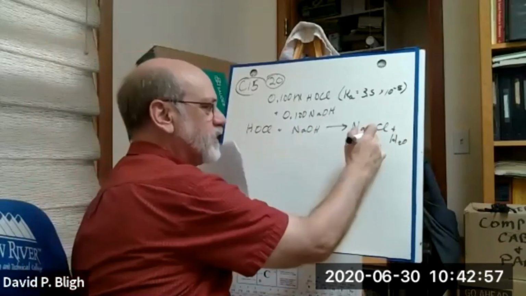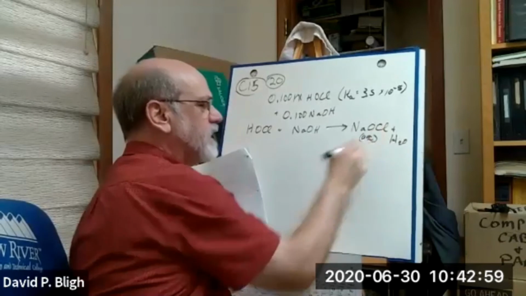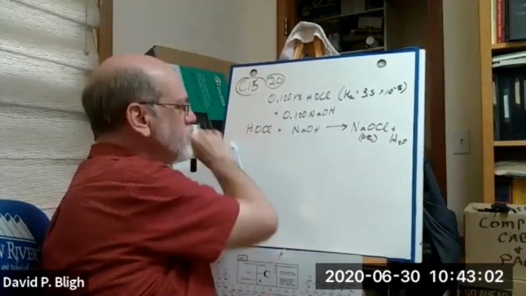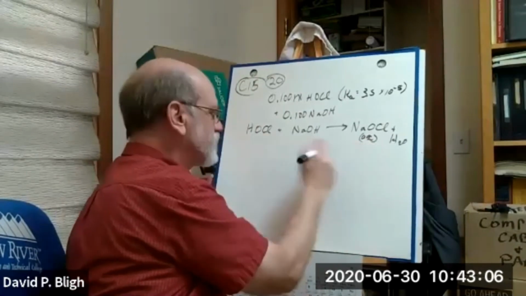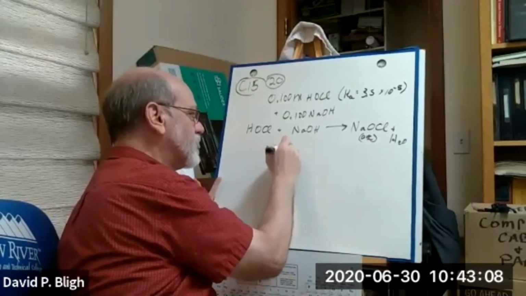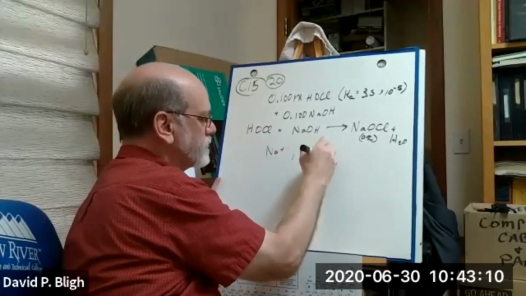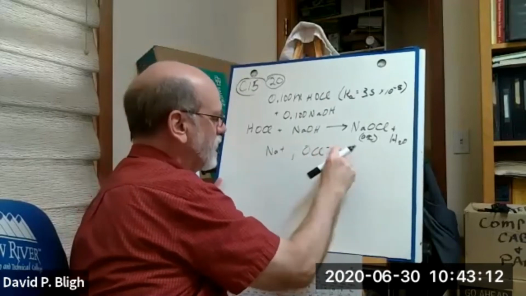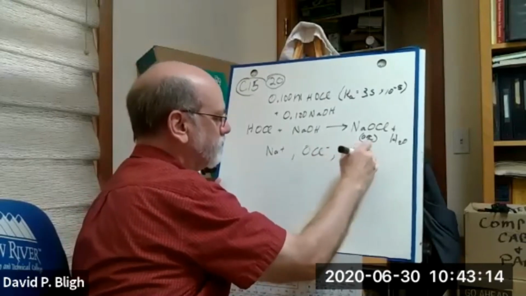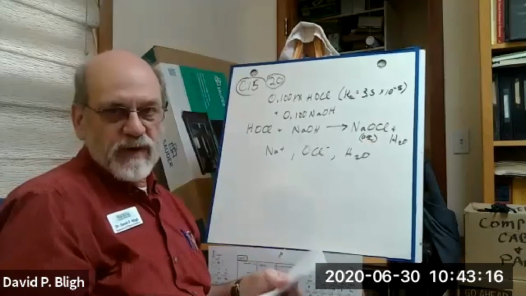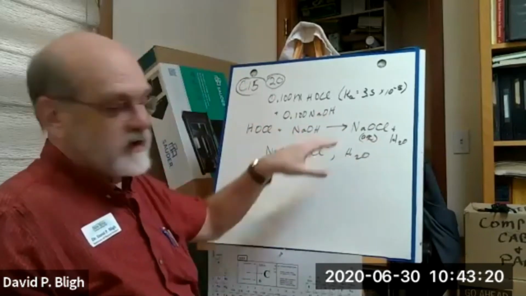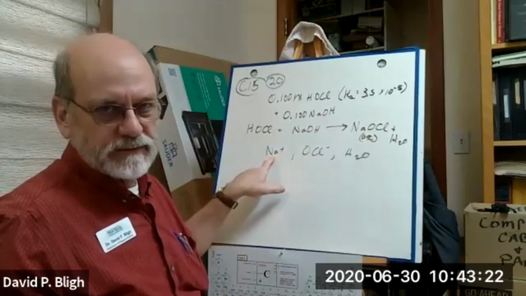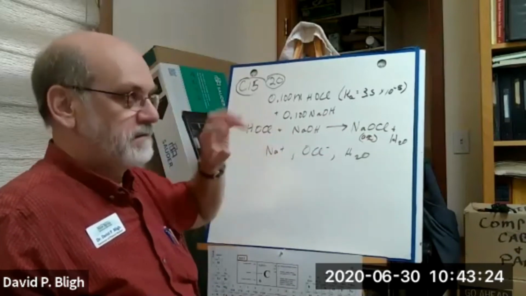But this is soluble in water, right? So once we've neutralized it, we've changed all of this to that, which means now we have this and this and that. Right? So that becomes our equilibrium species. This one's not going to react. It's kaput. It's a spectator.